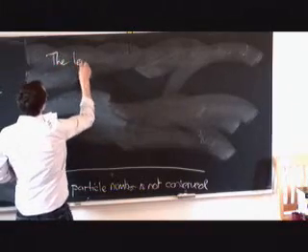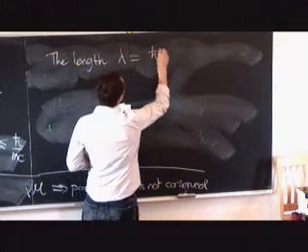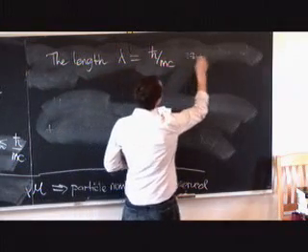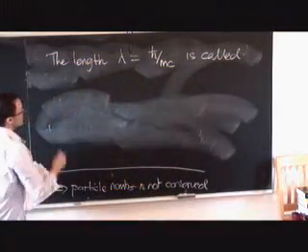So the length scale that appears here is called the Compton wavelength.